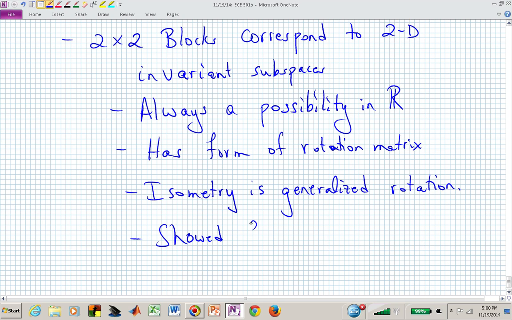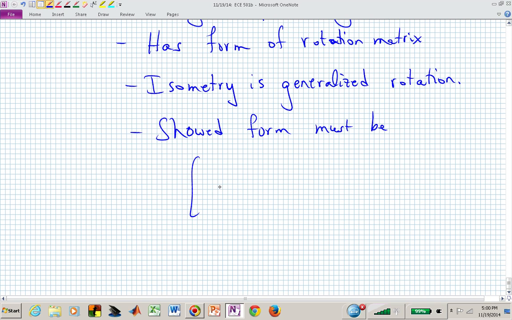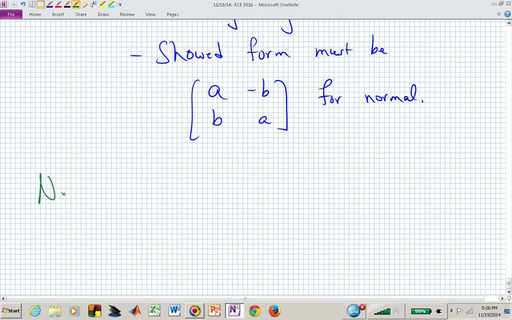Where we actually showed that the form must be A, minus B, B, A, when we're dealing with a normal operator. And if we're playing with that, we actually need the norm of SE1, where E1 is an eigenvector, to be 1.